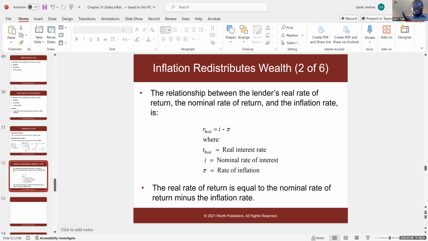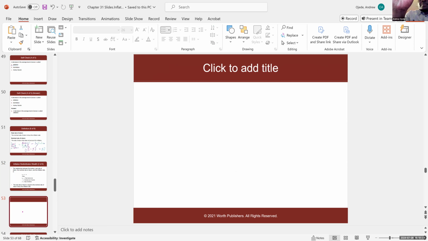So my notation here is going to say, we are going to define the variable pi. Pi is going to be our notation for inflation. And then I is going to be our notation for nominal interest rate. So you really know what inflation is, but what is nominal interest rate?